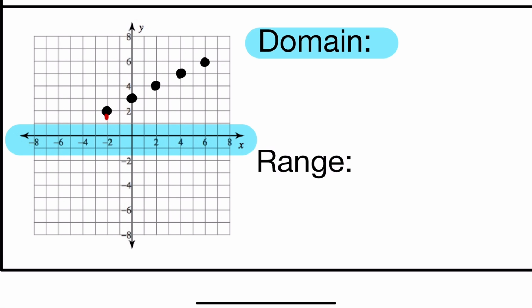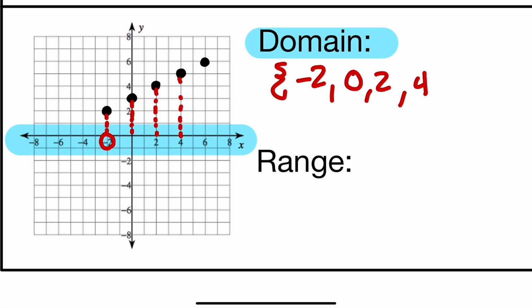So the first one is going to go right here to -2. So first in line is going to be -2. This one is at 0, so that's 0. This one's at 2. This one's at 4. And this one's at 6.